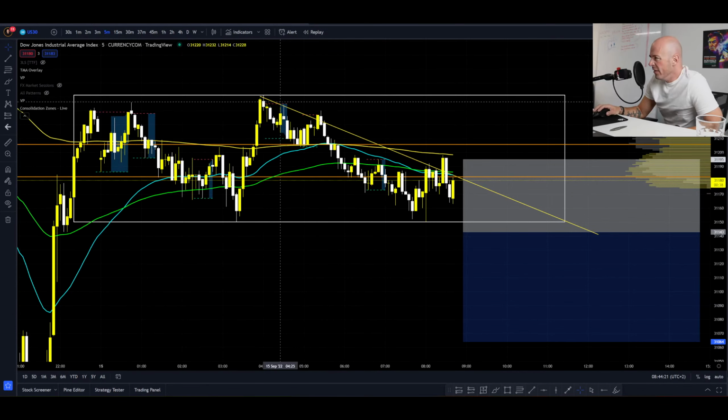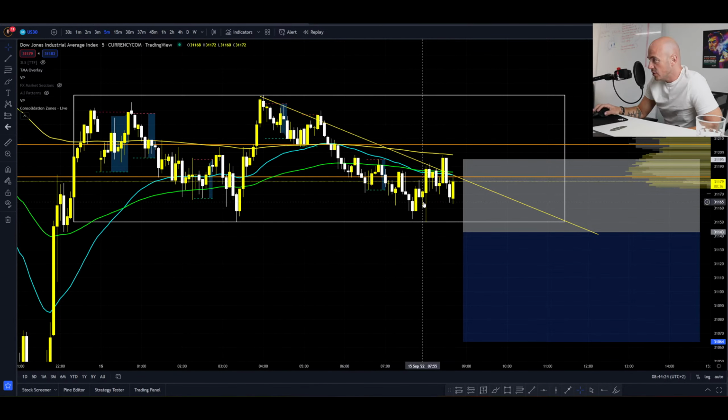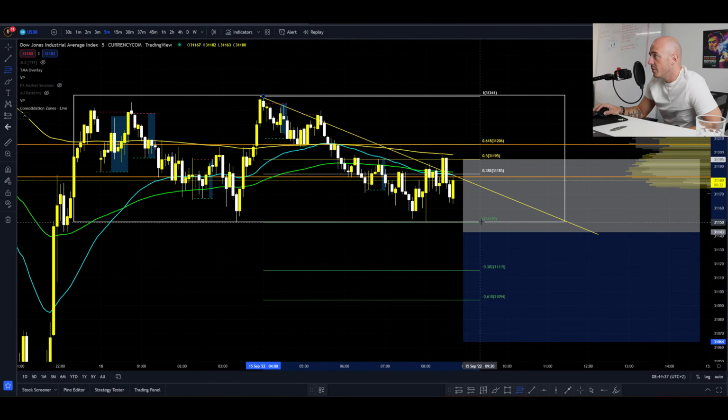So we've had short-term down structure that broke structure. But when things break structure and then reject the opposite way, a smart thing to do is drop a fib.